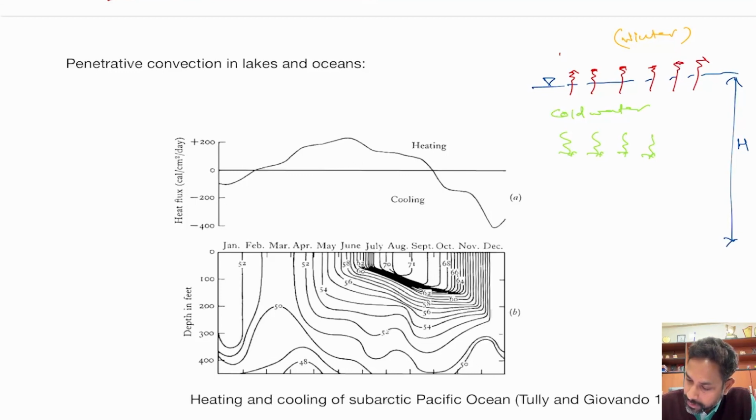So here this H in red color you see is the heat that is getting away from water into the atmosphere, right?